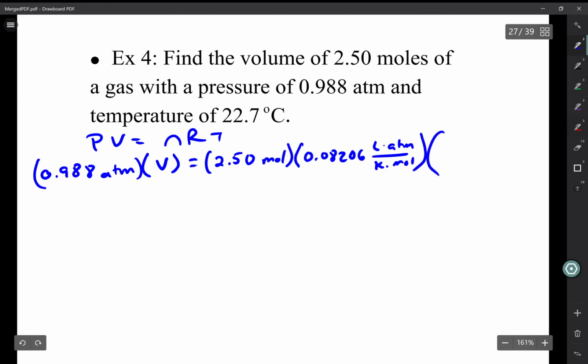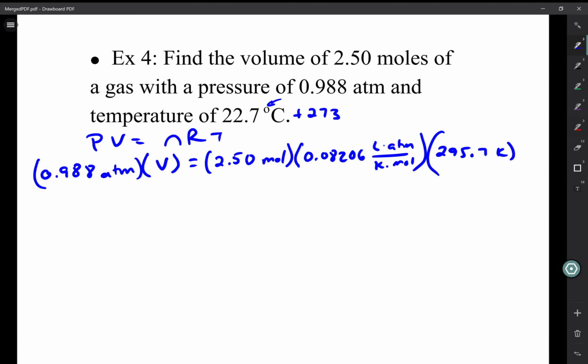And the temperature. All right, temperature is 22.7 degrees Celsius, but we don't want that. We're going to add 273 to it. So that gives us 295.7 kelvin.